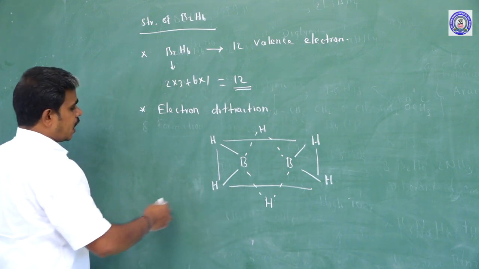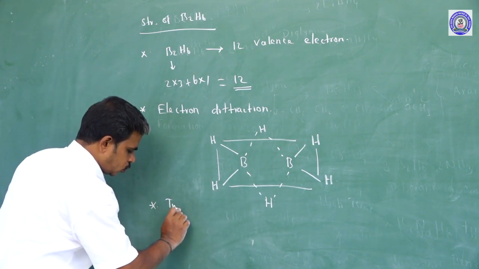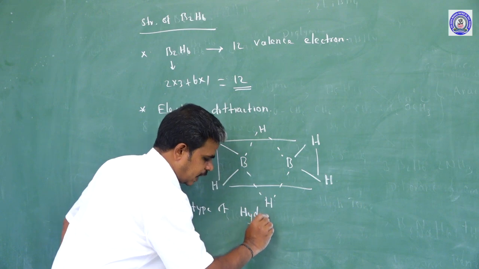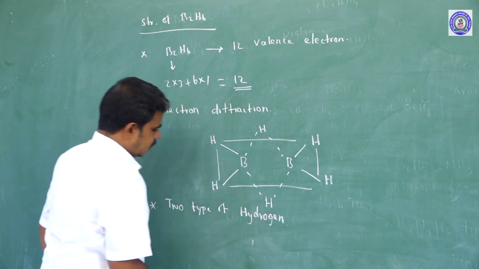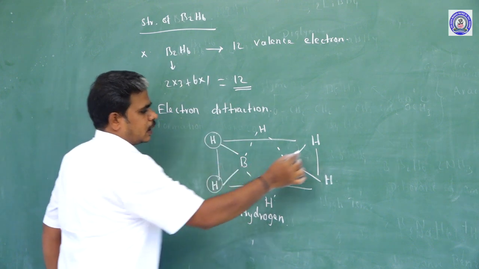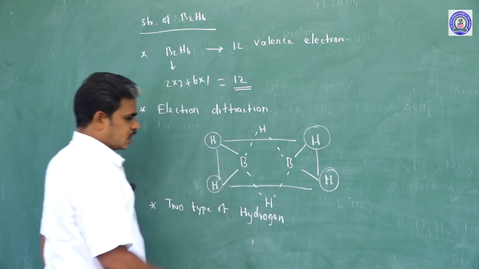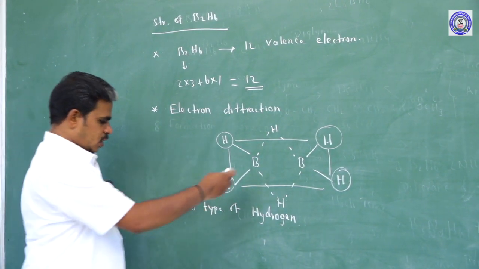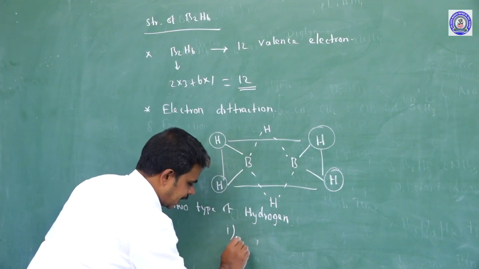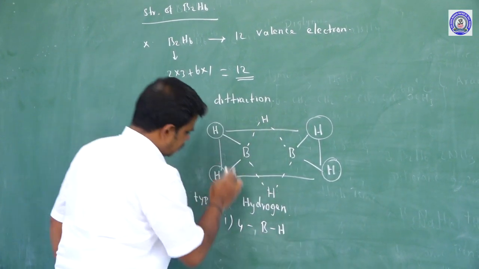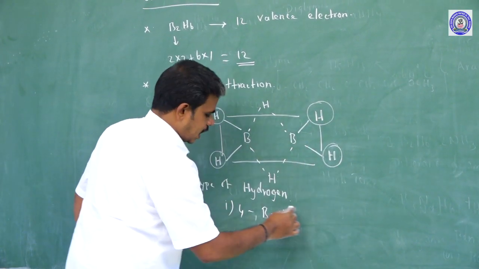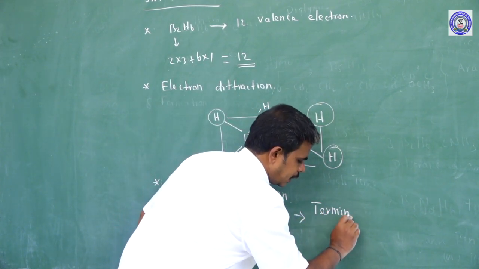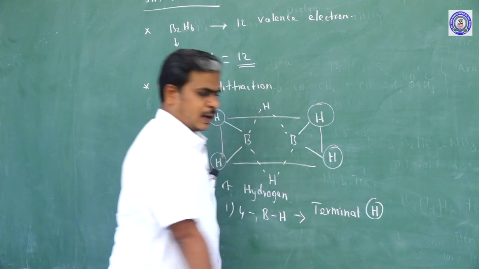And here there are two types of hydrogen. What are they? These four hydrogens are considered as terminal hydrogen, that is BH and BH, four BH bonds.